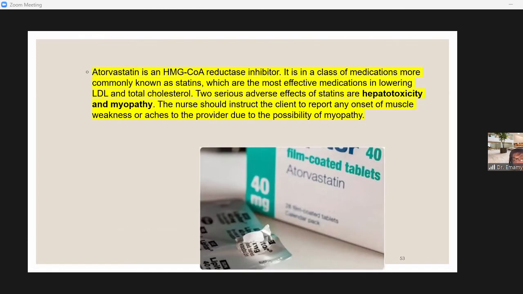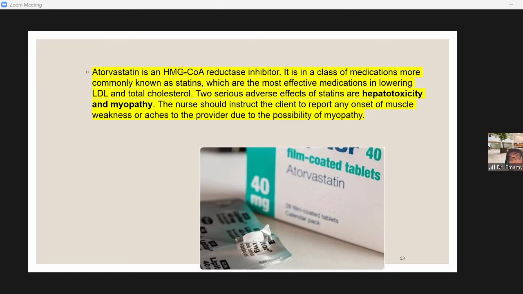For example, a patient who is taking simvastatin says, I have sore muscles, I get tired very early, and I can't exercise. What should you do? You should stop the medication and check, for example, AST and ALT levels, or check, for example, electromyography.